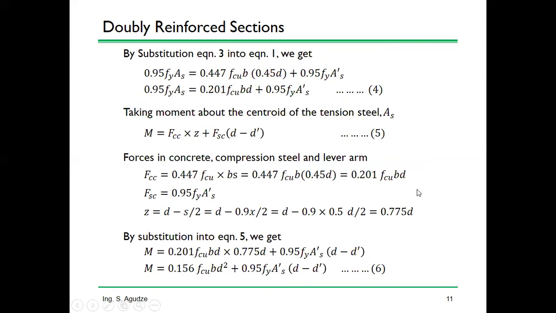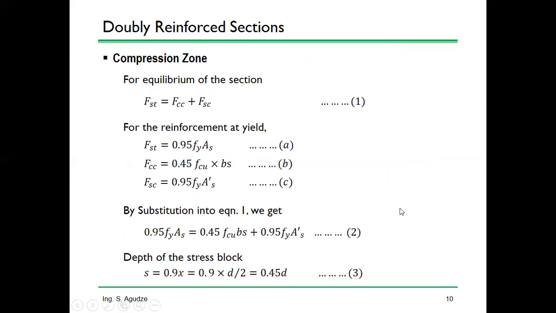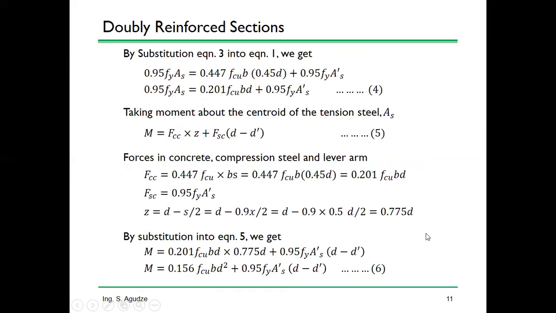Now, when we do that substitution, because from here you see that our S is 0.45 D, if we substitute the value of S into equation 2, we'll get what we have here.